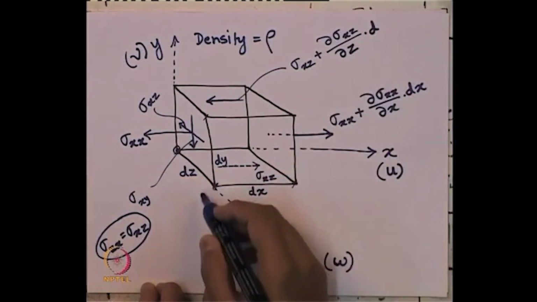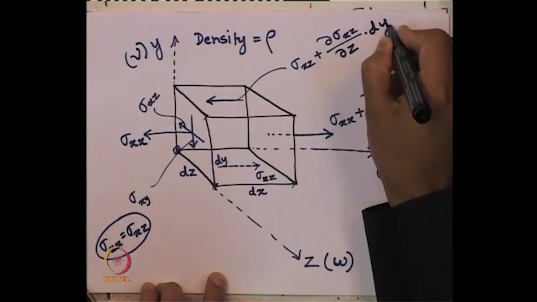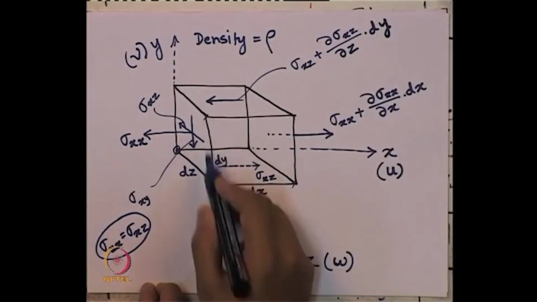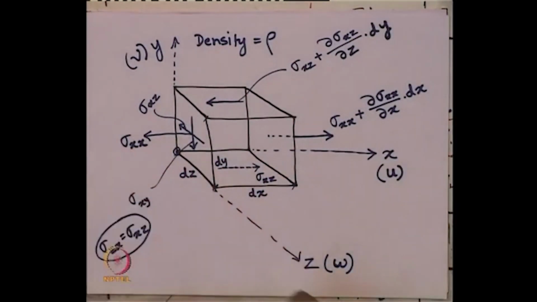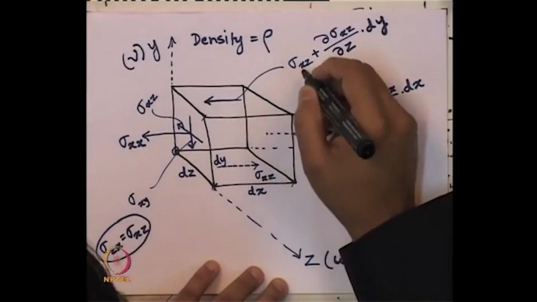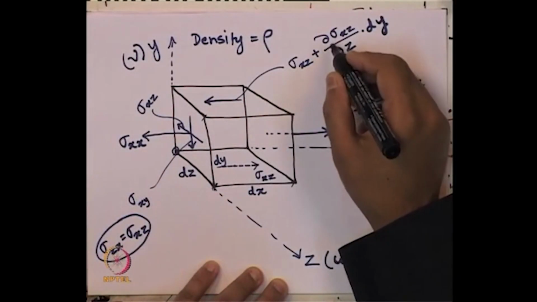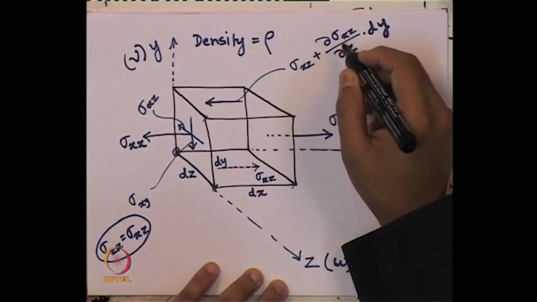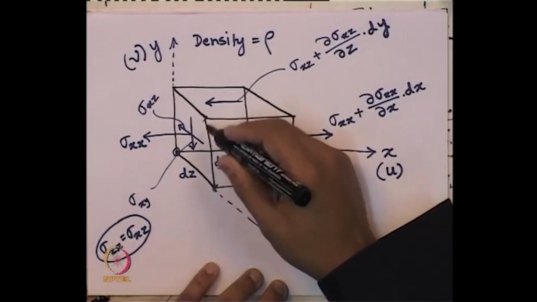It is changing over the length of y, it should be y. It has changed through this distance of y. So, what it should be? Sigma x z plus del sigma x z, that is varying with respect to the distance of y.